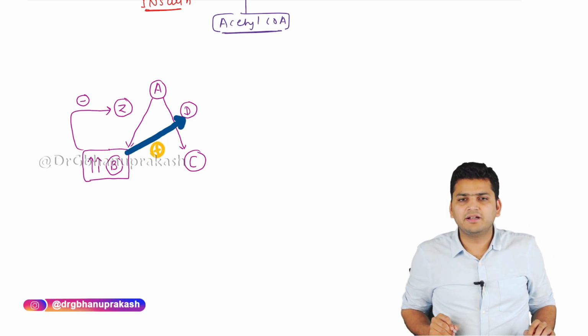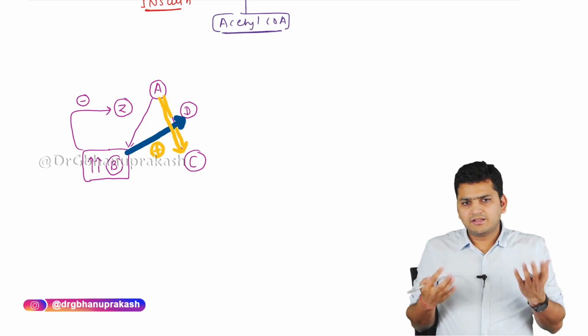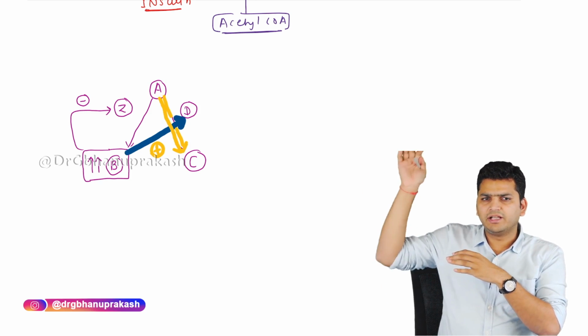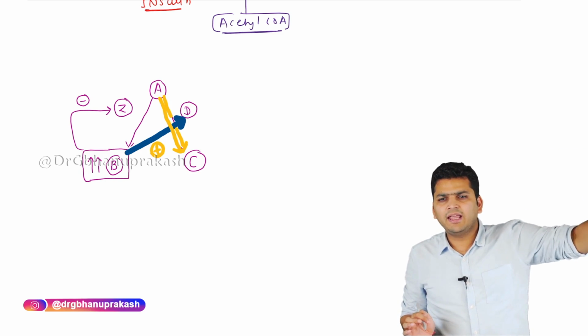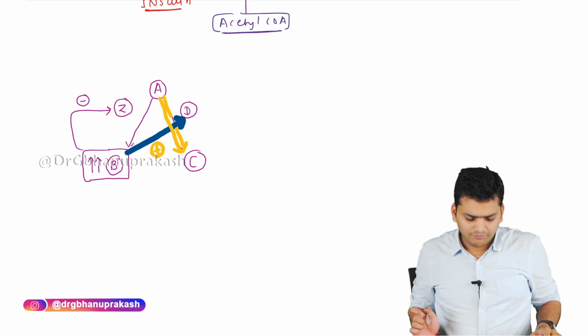If it stimulates the D enzyme, then A will be diverted more towards C. And this is what B wants. If B is already there in a higher amount, it will inhibit its own enzyme and facilitate the other way, so that A will be diverted towards the D side and B will not be made anymore.